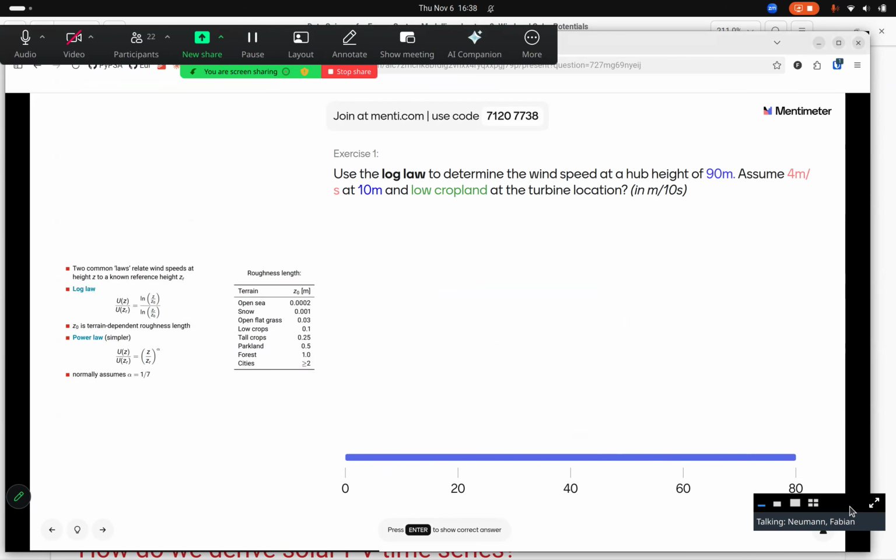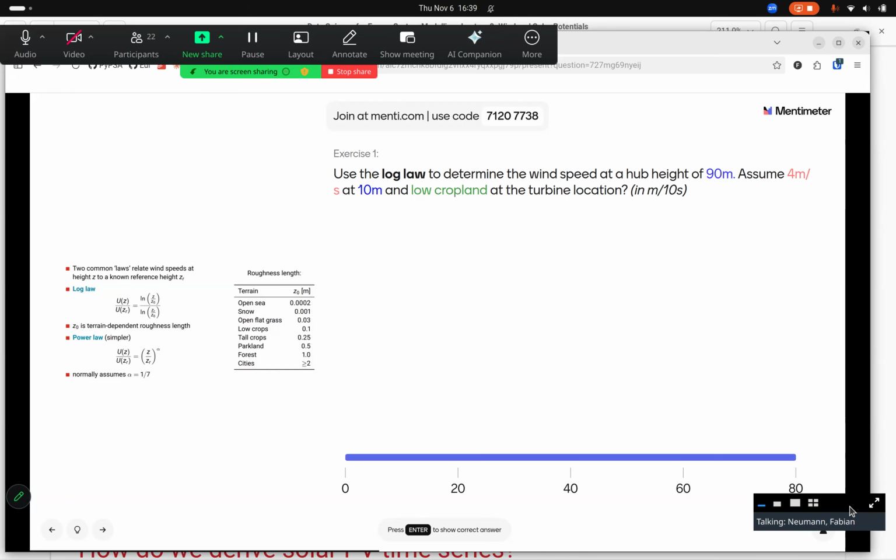So this is just the slide we just had. It's a bit small, but we want to apply the log law now. We want to calculate the wind speeds at a hub height of 90 meters, and we have measured 4 meters per second at 10 meters, and low cropland at the turbine location.